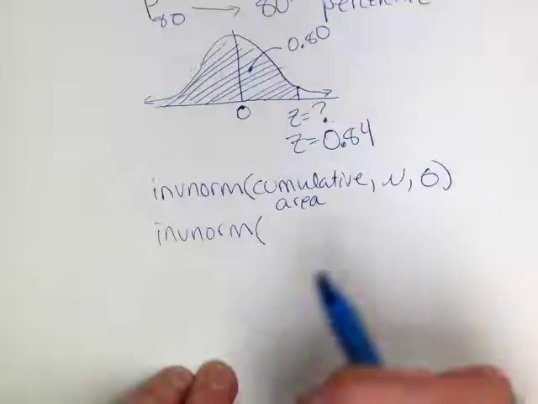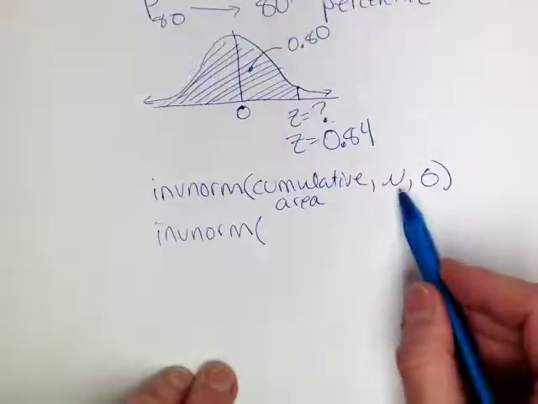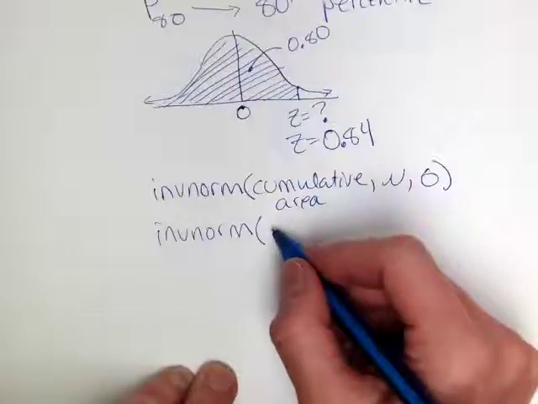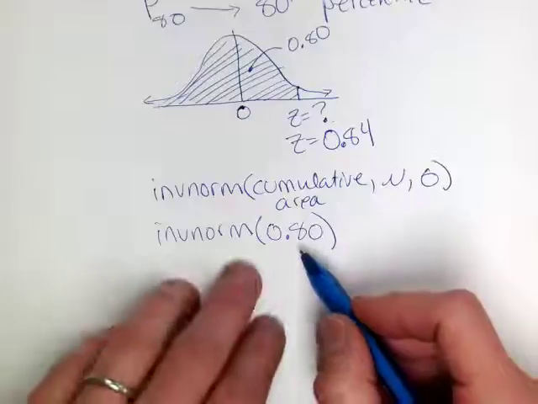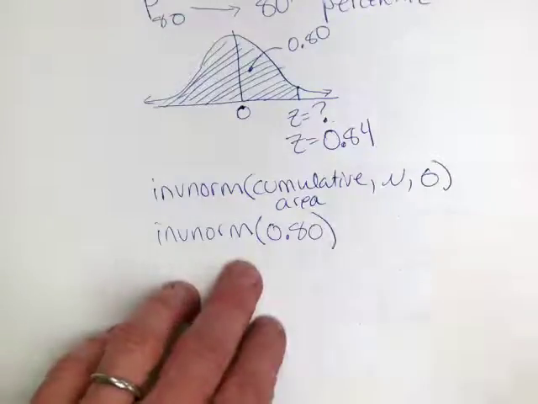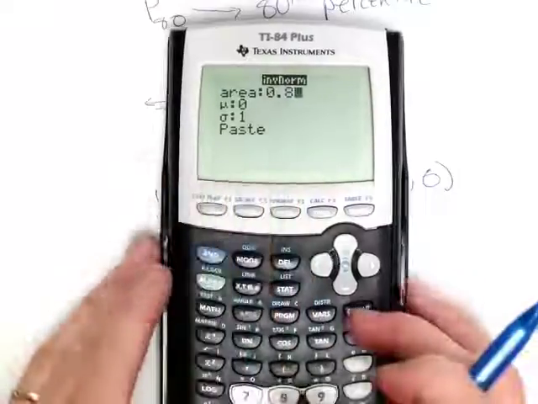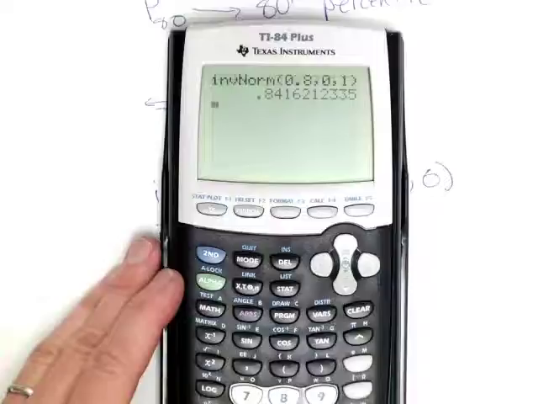In our next example, when we are looking at the non-standard normal case, then you would just extend these two values here. So a cumulative area of 0.8 for this problem, and then I would close parentheses if I was working with the older calculator. Then I just scroll down to paste and press enter.